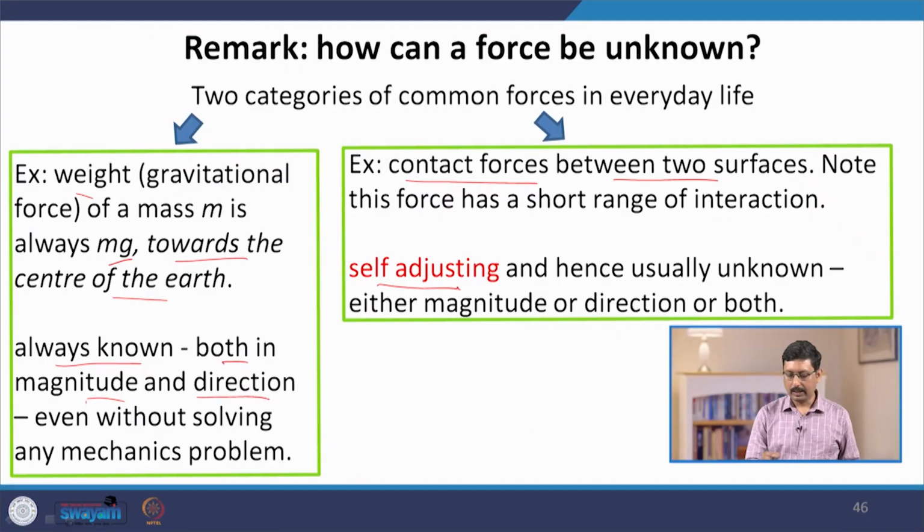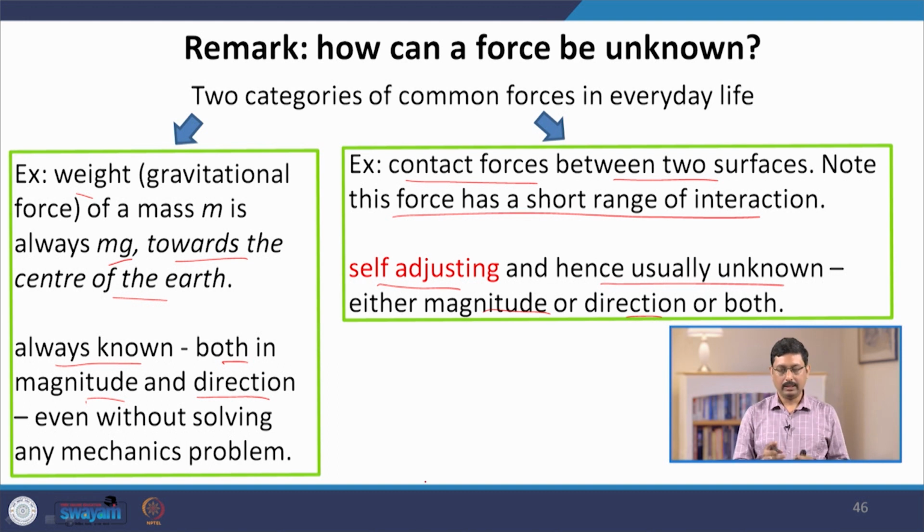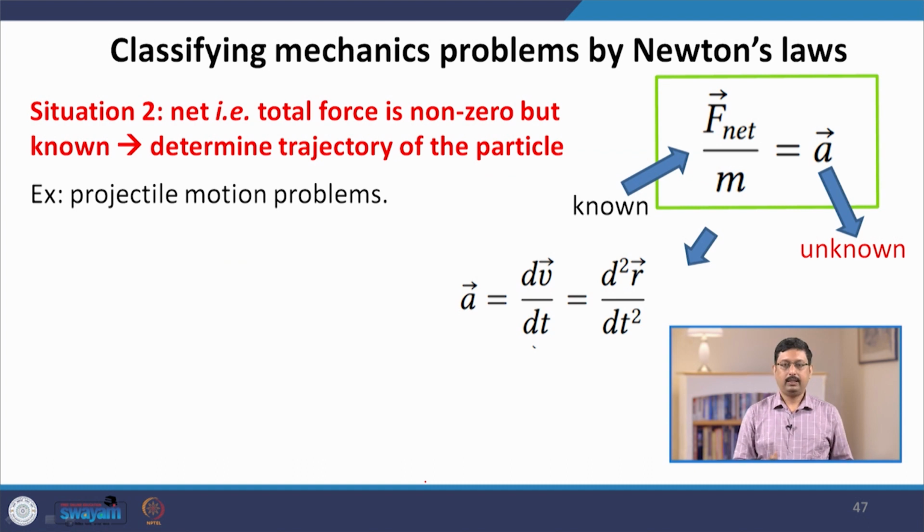So these forces are called self adjusting and usually unknown, in magnitude, direction, or in general both. So there are two kinds of forces, and interestingly this kind of contact force usually has a short range of interaction. That is, they appear when you have two objects which are in contact or in very close contact.